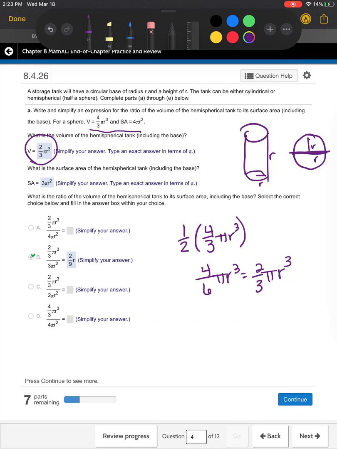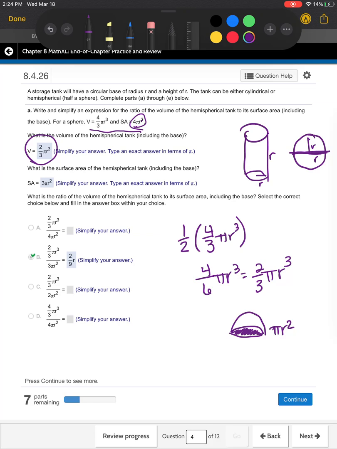And then we know that surface area is 4 pi r squared, that would be for the entire outside of a sphere. But when we cut that sphere in half, it's going to have this circle at the bottom that's also going to contribute to its surface area. And so we know that the area of that circle is pi r squared.